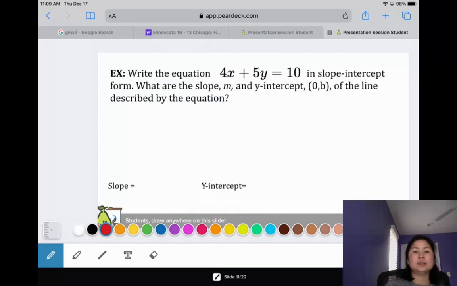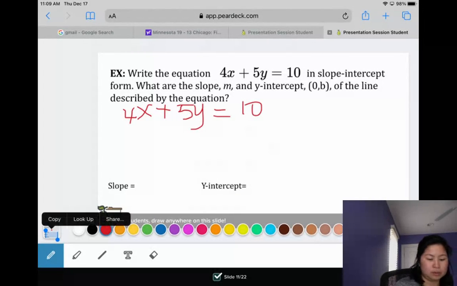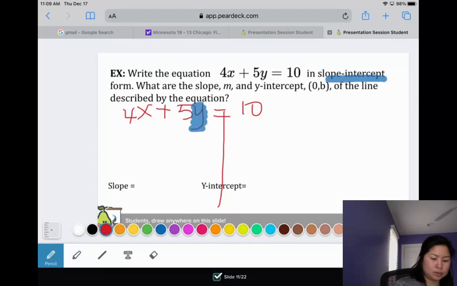All right, this is the one that I feel like more people need to review. So I would do this one more example, and then you let me know if I should do another one or we can move forward. Okay. So when I want you to solve for slope intercept, it means I want to solve for y. That's what it's saying.